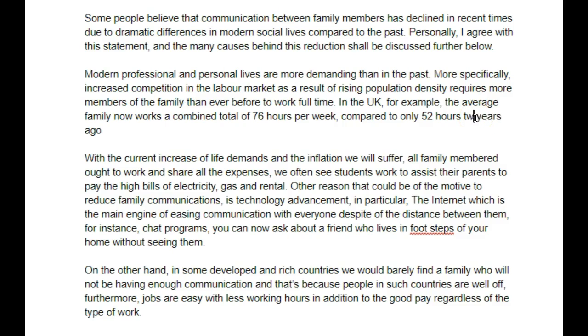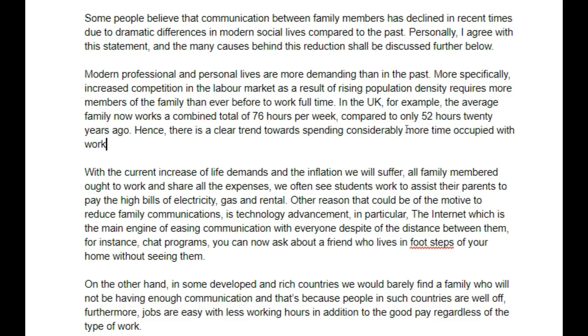Actually, let's say 20 years ago. Hence, there is a clear trend towards spending considerably more time occupied with work, which will necessarily reduce time available for family. Now, this is one paragraph fully discussed.